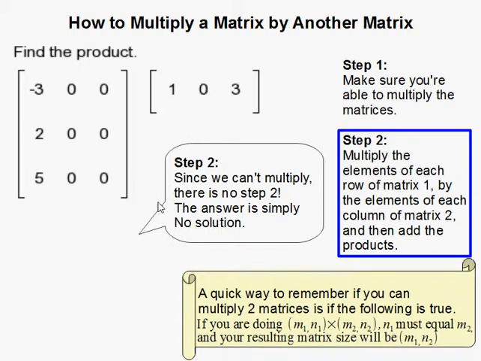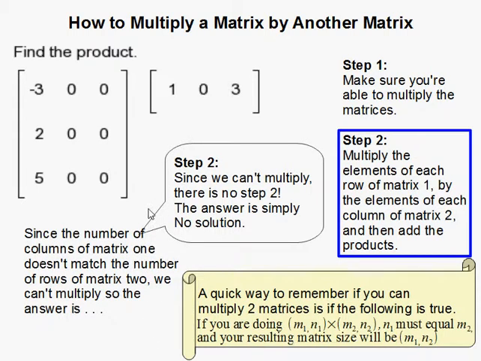We can't do it because the number of columns has to equal the number of rows. This has 3 columns, and the other only has 1 row. 3 is not equal to 1. Therefore, we can't multiply them, so there's no solution for this one.